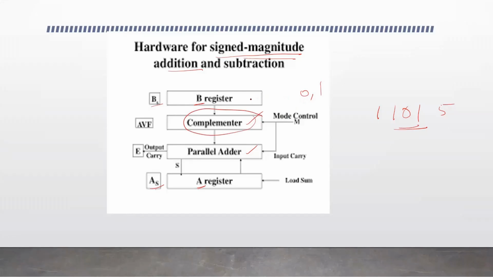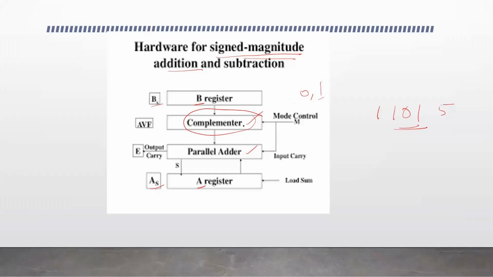Directly A and B have to be sent to the adder circuit that adds both the numbers. And if the value of M is 1, that means it is subtraction. So B has to pass through the complementer. B has to be complemented and then given to the adder with A. So A and the 2's complement of B are added here.